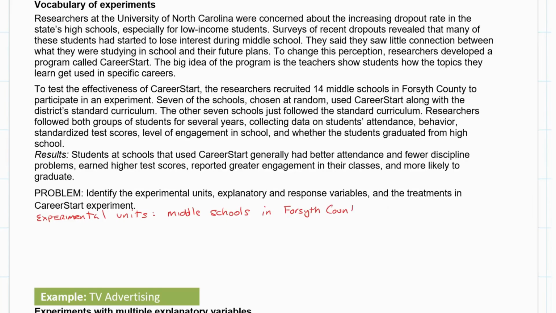Now, you may be thinking, well, no, the experimental units are really the kids. Well, but we measured how the schools did better. Students at schools, okay? So we were really saying, did the school have better attendance? Did the school have fewer discipline problems? So I think experimental units are the schools.